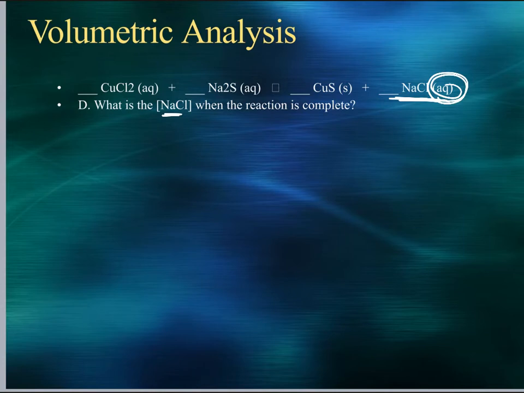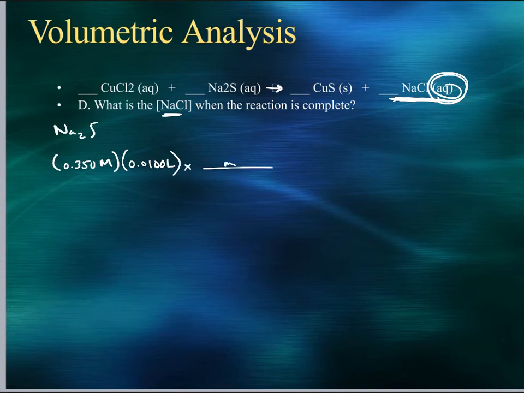So how we are going to do that: we take our limiting reactant, which was the Na2S, and our information about the Na2S, and turn it into NaCl. It was 0.350 molar, and we had 10 milliliters of it, so 0.0100 liters, and you just go straight into the mole ratio after that.